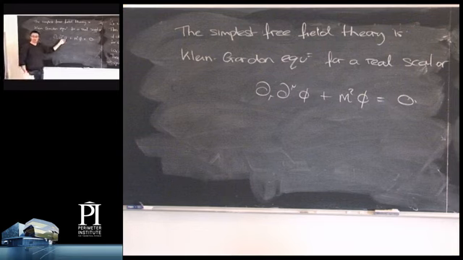So this is the Klein-Gordon theory. Let's just figure out how to solve this classical equation. And in seeing how to solve it, we'll see why it's free and why all these degrees of freedom are really evolving independently. To solve it, it's very easy.